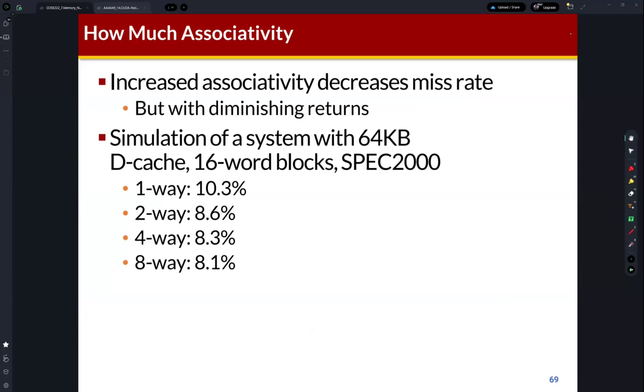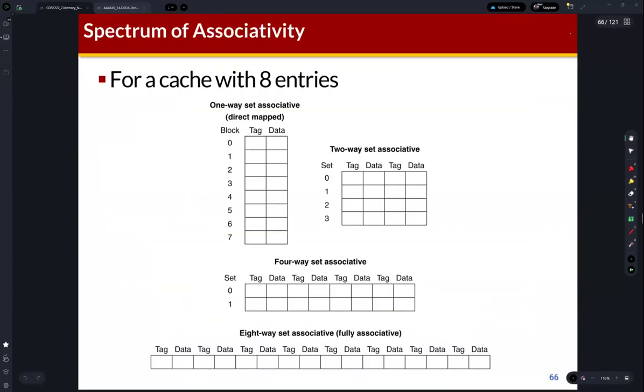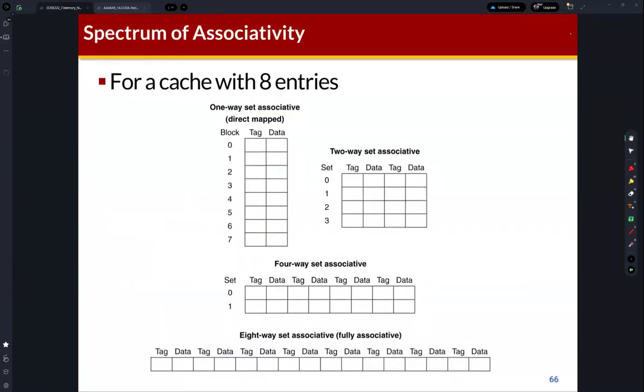We learned about the associativity of caches. So what does that mean? In a single cache set, we can organize the cache to have multiple sets, and then a single set can include multiple cache blocks.